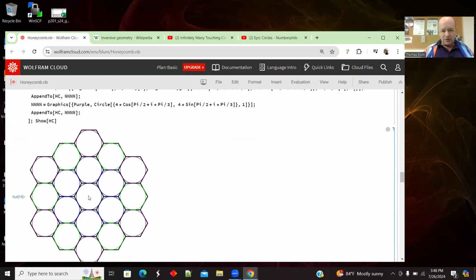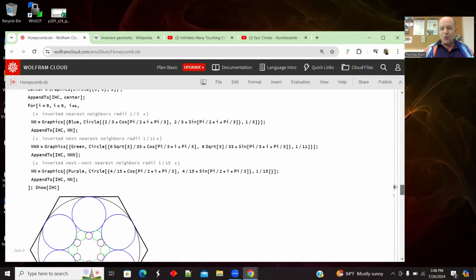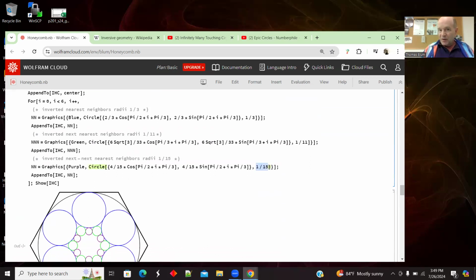So that was 1, 2, 3 for the closer one, and then 1, 2, 3, 4, 5 for the farther one, and I'm inverting them, so I have thirds and fifths, and with that combination of thirds and fifths you can see where these 15ths are coming from. So their position was 4/15, and their radial size was 1/15.